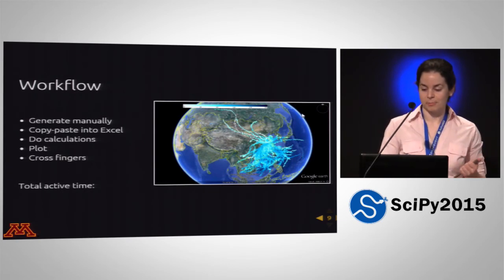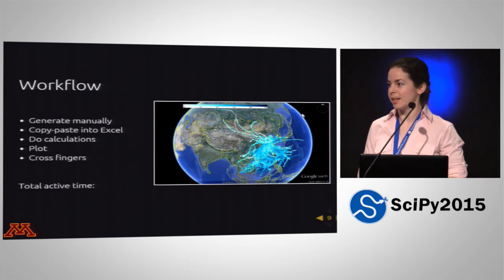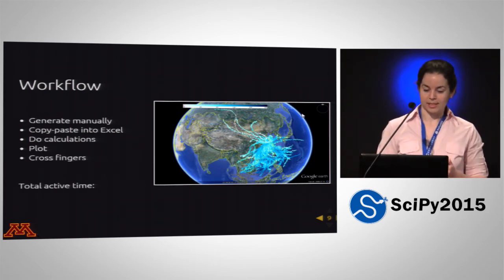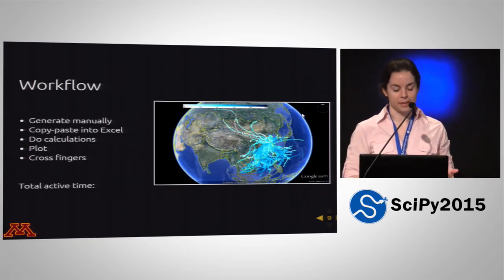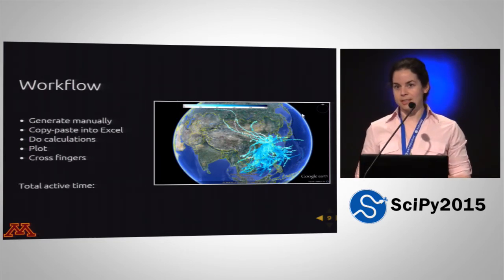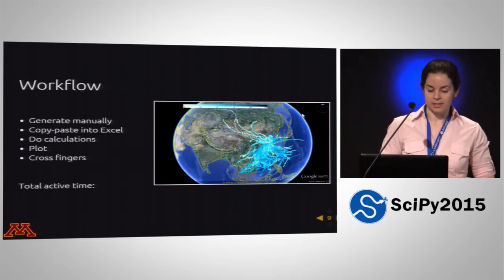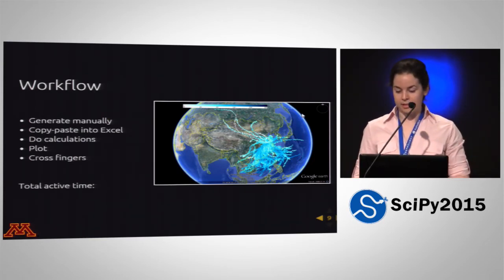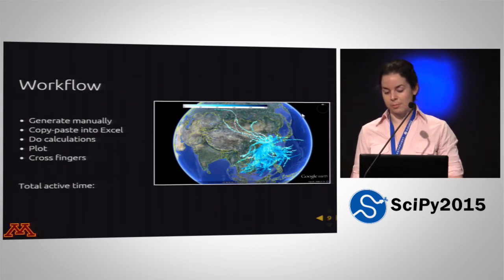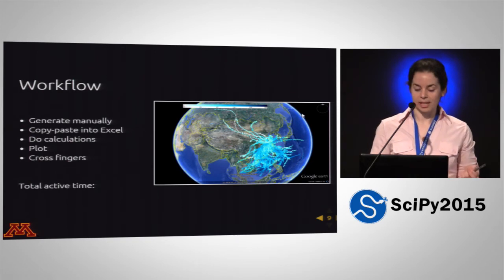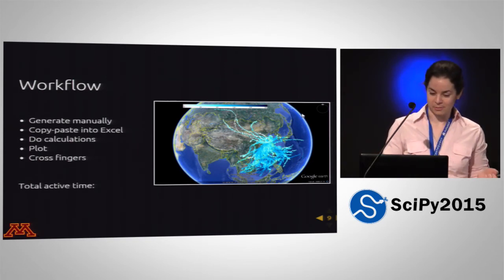This is the workflow that I used for an embarrassingly long amount of time before I learned about Python. Basically, I would sit there and generate the trajectories manually, copy-paste the data into Excel, click, drag, fill in cells, do calculations, plot using a circuitous route through a third-party program to Google Earth, and then cross my fingers and hope that it was what I wanted and what my advisor wanted, because it was about 3 weeks of active time.